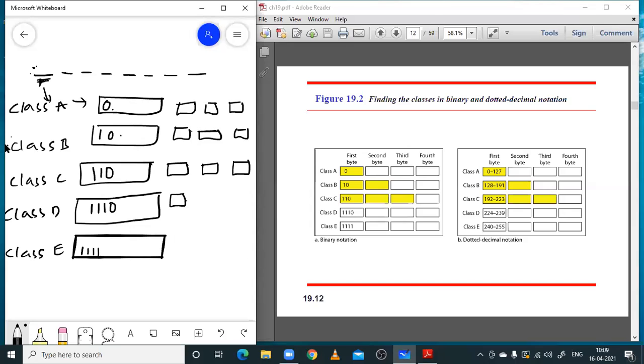Coming to this one, it is second, third, fourth. This is second, third, fourth. So what is this?